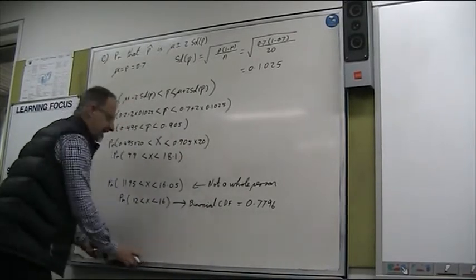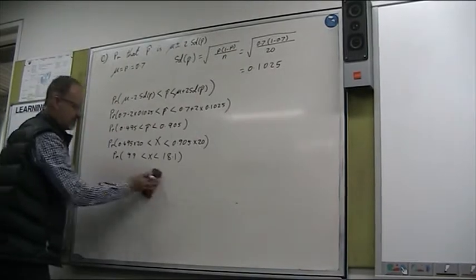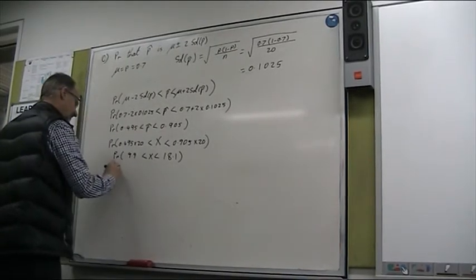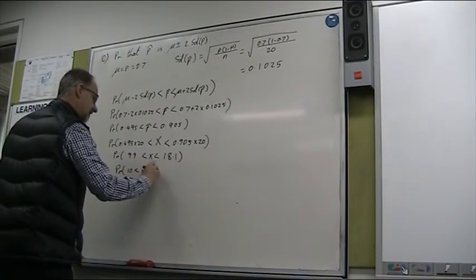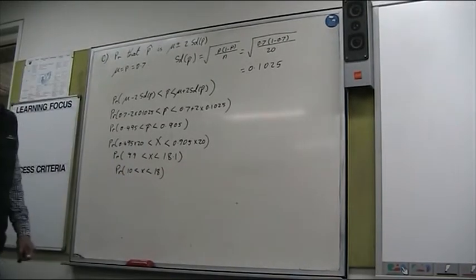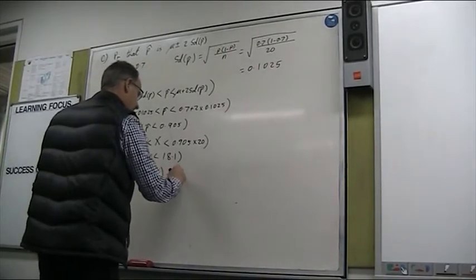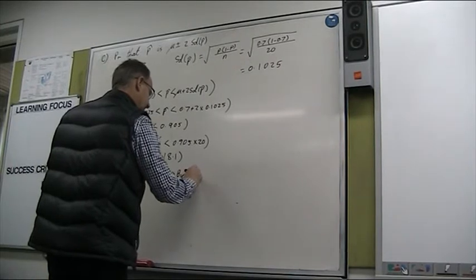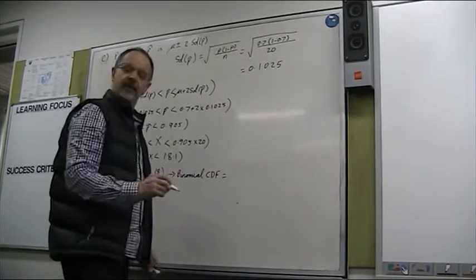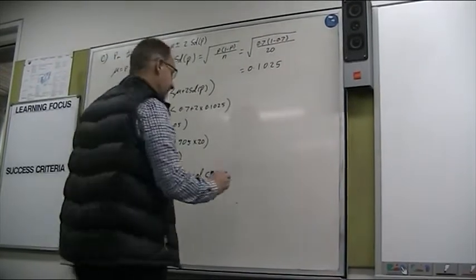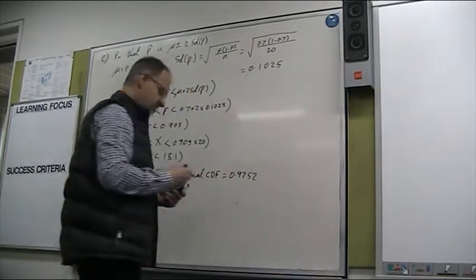We can't have parts of people, so we need to take it to the nearest whole person. So we're looking between 10 and 18 persons. We do our binomial CDF again. And we get 0.9752.